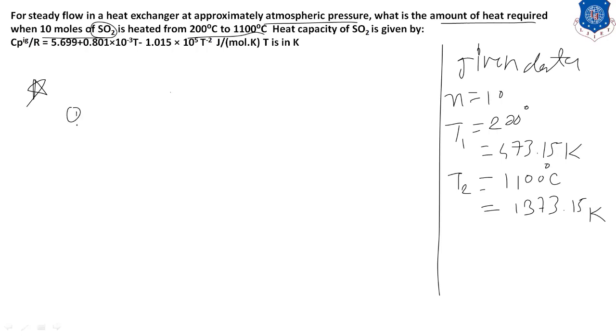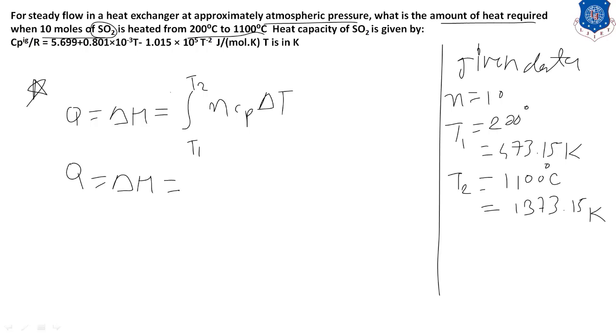So Q becomes delta H, and that can be given by integration of T1 to T2 Cp dT. So this equation becomes Q is equal to delta H is equal to integration of T1 to T2 Cp dT. Now we have to replace this Cp with Cp upon R, because Cp upon R value is given in the statement.